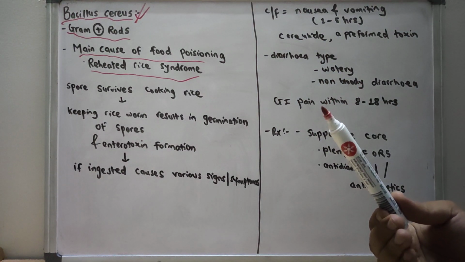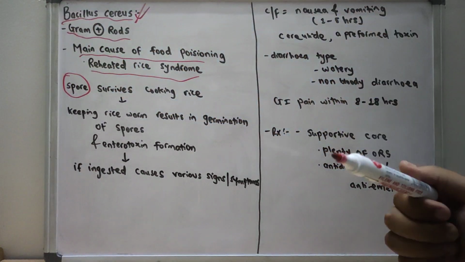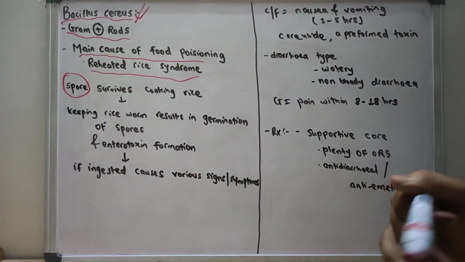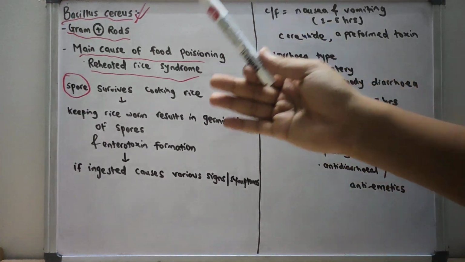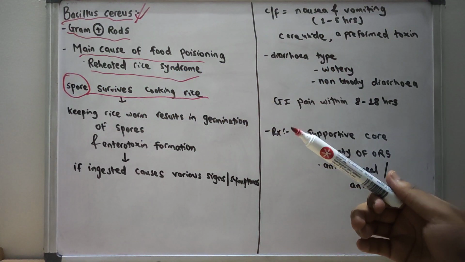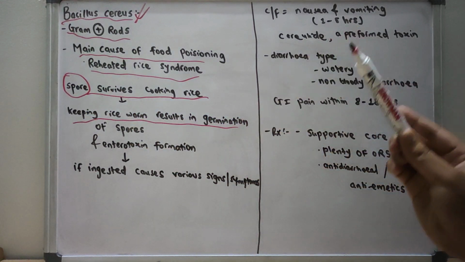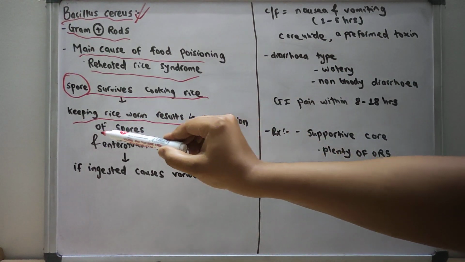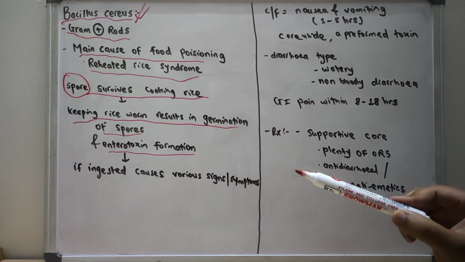What happens is that spores are a very resistant factor for any bacteria. So the spores of Bacillus cereus survive the cooking of rice, and whenever we keep the rice warm, it results in the germination of the spores and the formation of the enterotoxin.